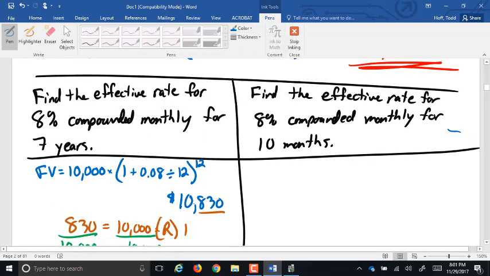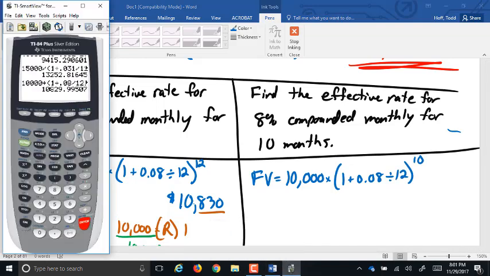Okay. The effective rate on 8% compounded monthly for 10 months. How many of you need a couple more minutes? Are we ready? Let's do it. So for the future value, I'm going to use $10,000 again, times (1 plus 0.08 divided by 12), only now it's to the power of 10.